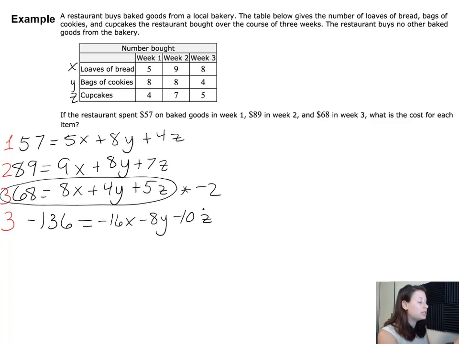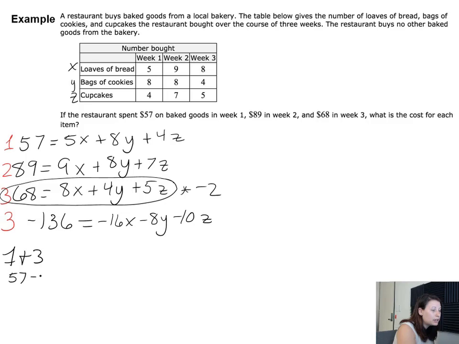So now if we take 1 and 3, that is 57 is equal to 5x plus 8y plus 4z, and -136 is equal to -16x minus 8y minus 10z.